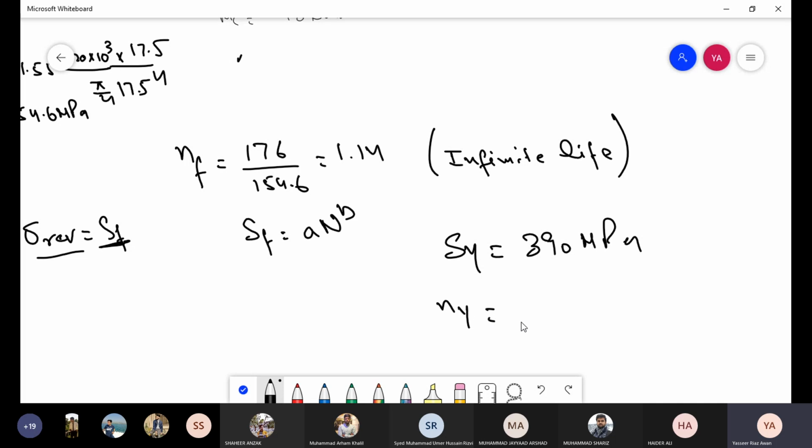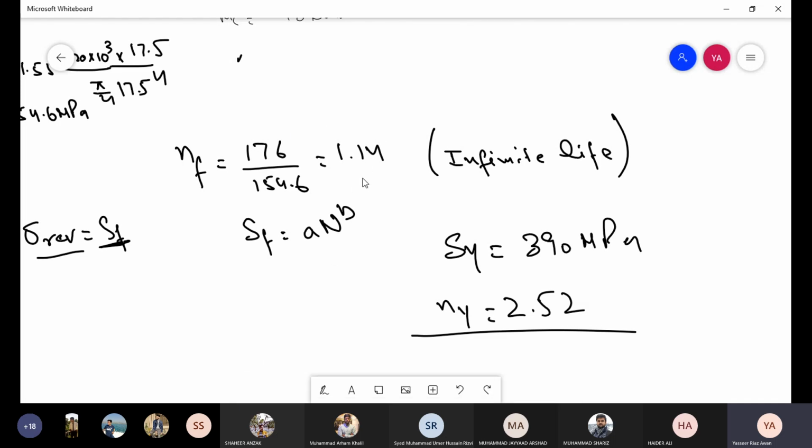The yield safety factor is much higher, about 2.5. So we are far from yield, but not much safe from fatigue. So maybe as a designer we can increase this safety factor if we have to design this part.